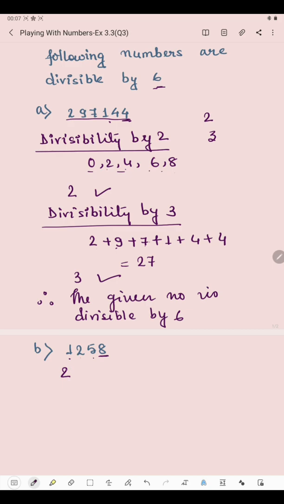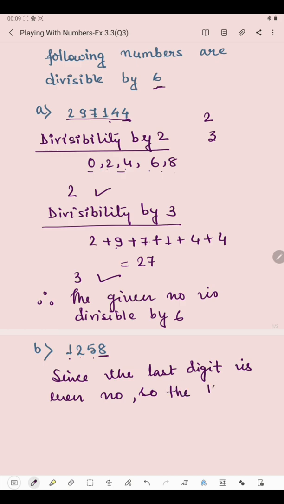We will write, since the last digit, or digit at one's place, is an even number, the given number 1, 2, 5, 8 will be divisible by 2.